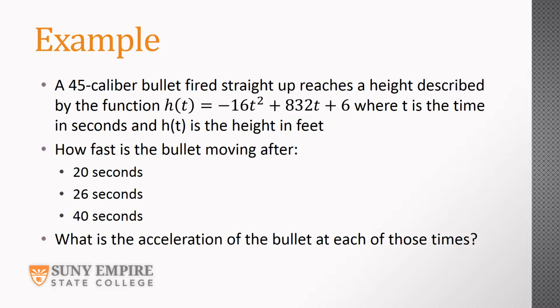H of t describes the height of the bullet in feet after t seconds has elapsed from the firing of the weapon. Suppose we want to find out how fast the bullet is moving after 20 seconds, 26 seconds, and 40 seconds. We are also intrigued to find out the acceleration at each of those times.